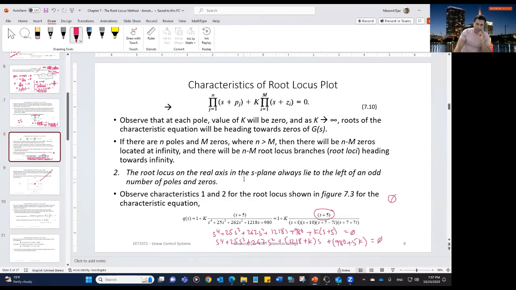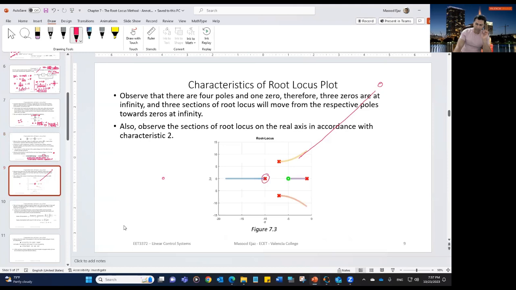Root locus on the real axis in the S-plane always lies to the left of an odd number of poles and zeros. And what does that mean? Again, you're not drawing it with your hand. That simply means that if you have a part of the root locus on the real axis, and on the right-hand side you have an odd number of zeros and poles in total, then that section of the x-axis will be part of the root locus.